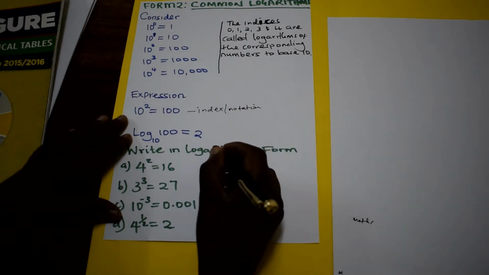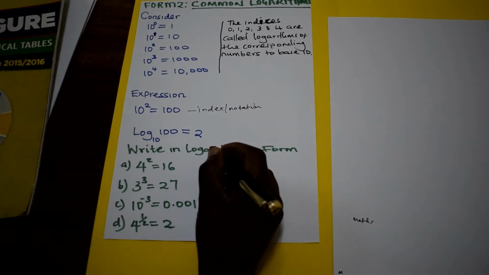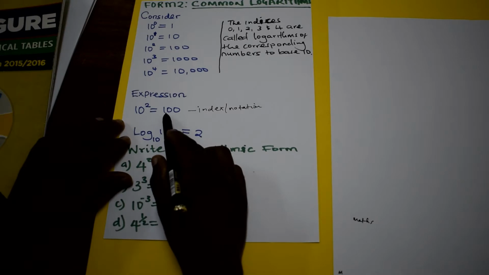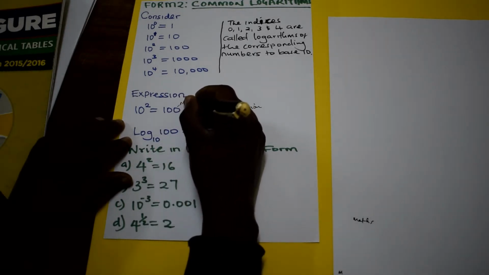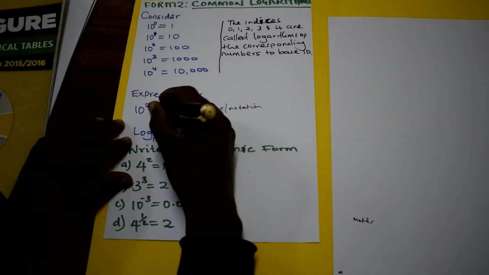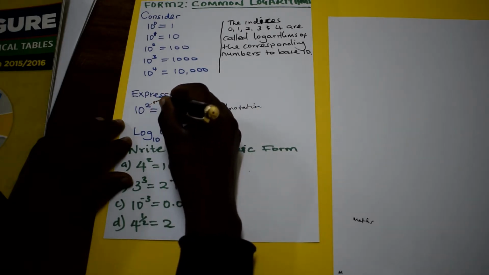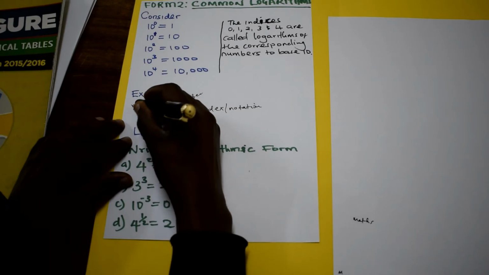Then we can also write this index notation in log form, and this log form will be log of 100 to its base. So remember, this is the number. We have 2 as the power, or the index, or the exponent, and 10 as the base.